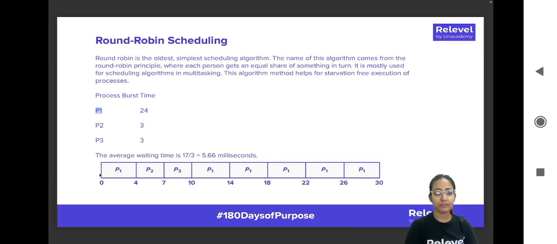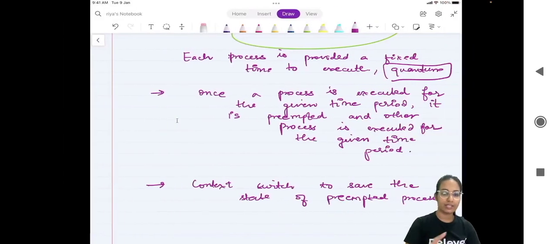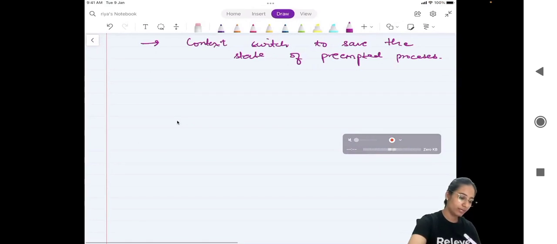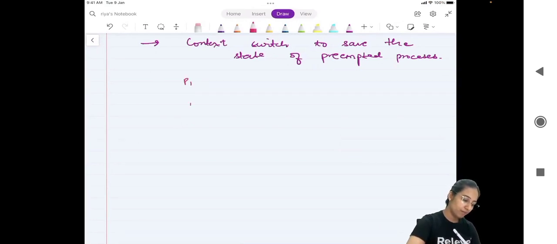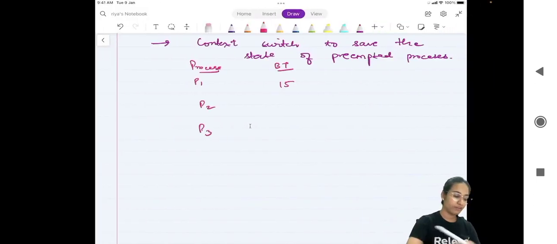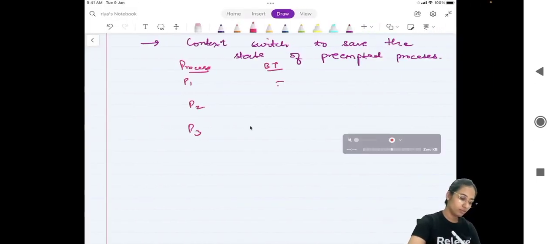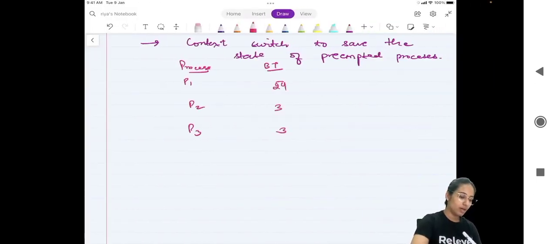First the process P1 is executing, and the rest of the processes execute after it. And I think here the quantum is 4. Let's take the example over here only. If I have P1, P2 and P3, the burst times are 24, 3 and 3.